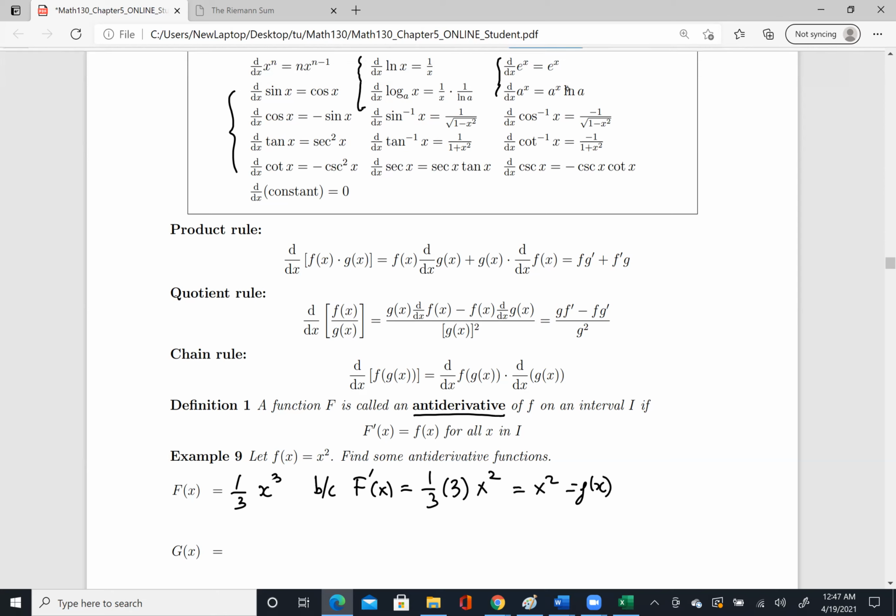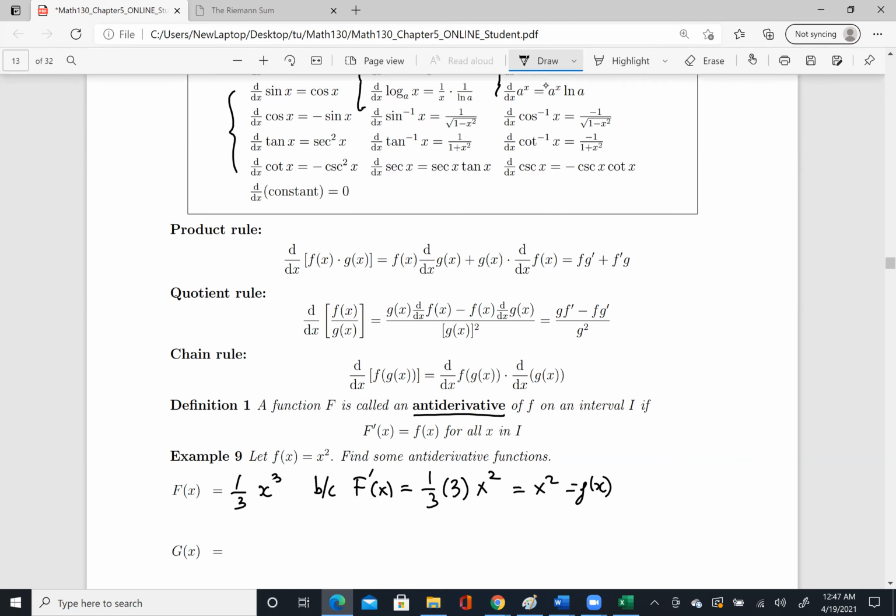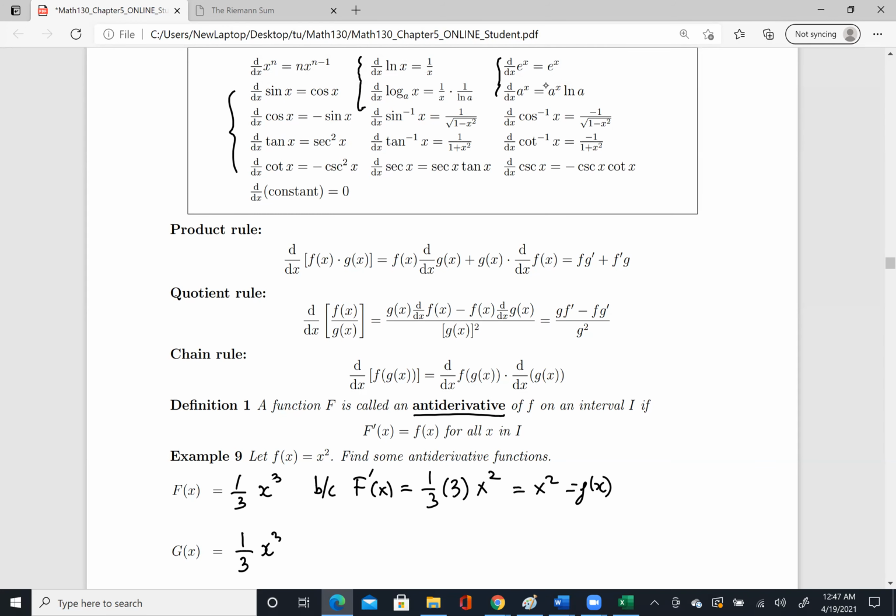Is there any other function that when you take the derivative of it, you will still get x squared? Again, you still have to start with 1/3 x cubed, because the only way to get to the original f of x equals x squared is to start with this.